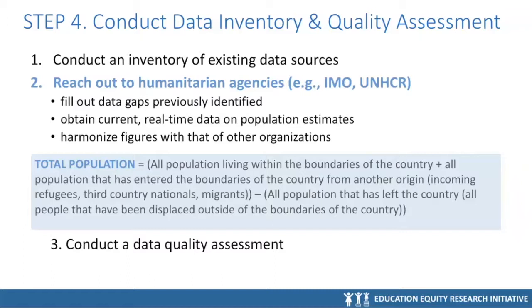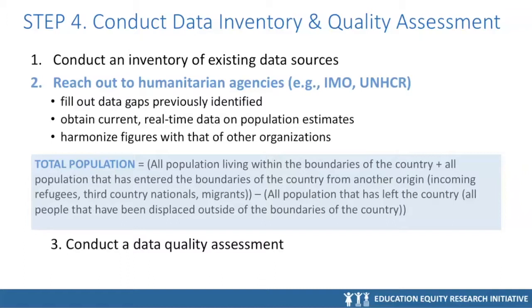Humanitarian agencies are often collecting ongoing data to calculate population estimates. They apply a number of alternative methods, some of which we cover in the guidance document, to estimate reference population numbers. It can be extremely helpful to fill out gaps that might have been found in the data inventory.